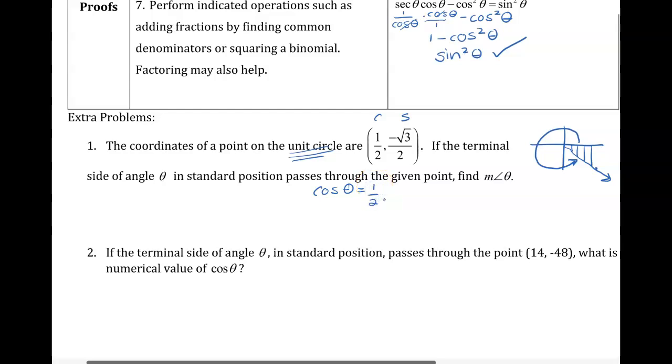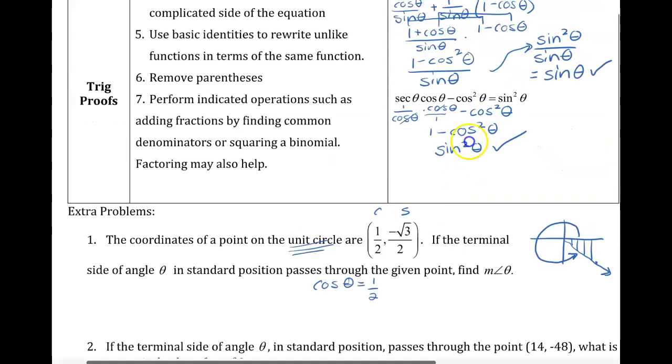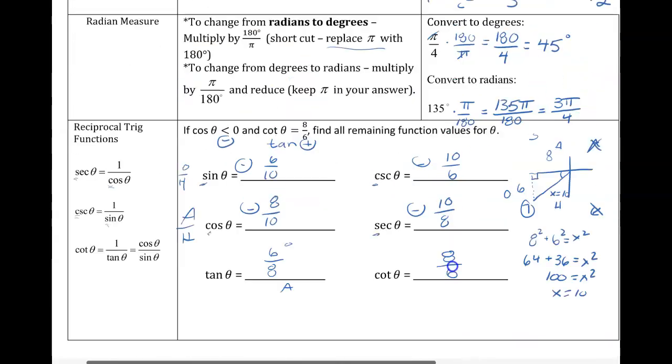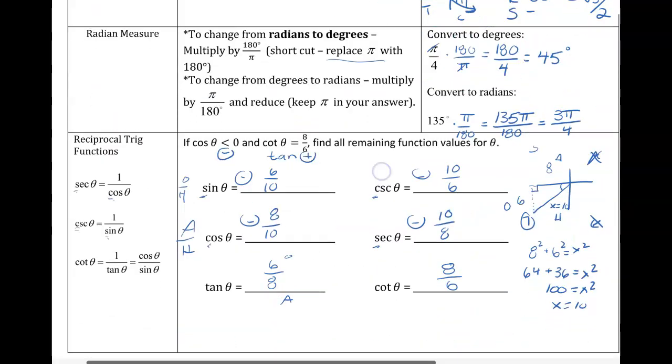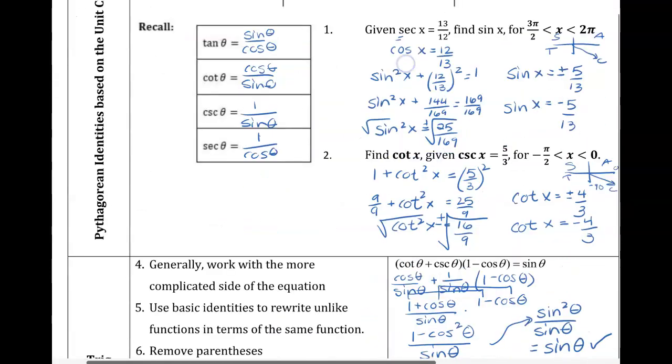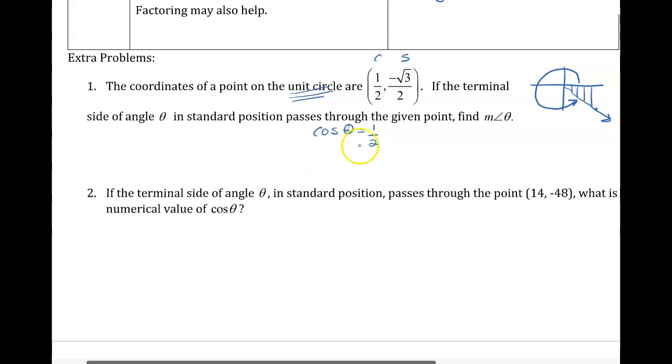So I could do inverse cosine on my calculator, or I could just think of on that chart from up above where cosine is equal to 1/2. If I scroll up, I can see cosine is equal to 1/2 at 60 degrees here, which means if I were to even type in my calculator and do inverse cos of 1/2, I would figure out that my reference angle is equal to 60 degrees.